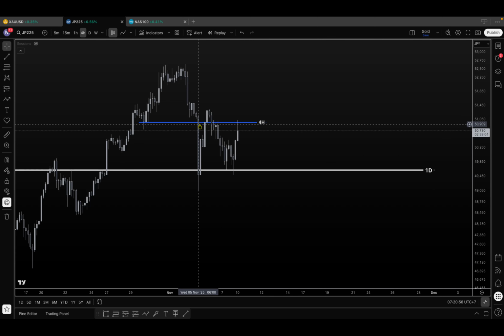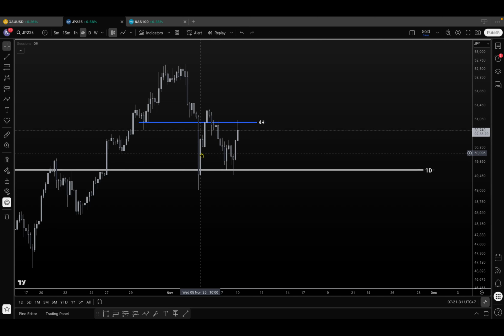And I have to admit that I took a few losses right here, one as a long trade, because I failed to realize that after this break of structure, the trend became a downtrend, or at least a potential downtrend on 4 hour.